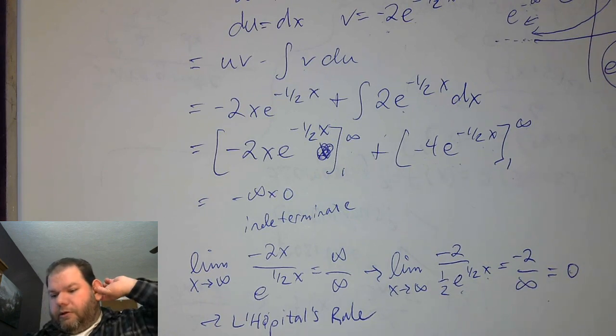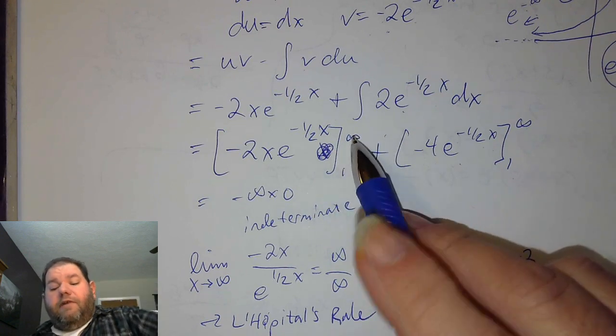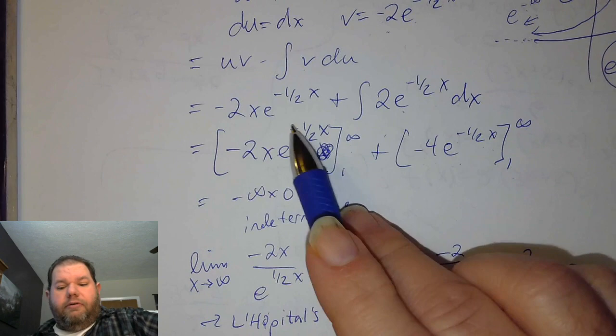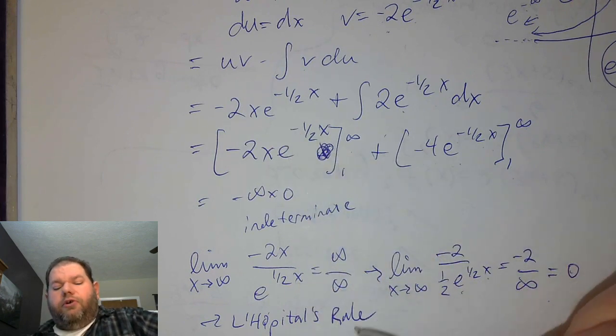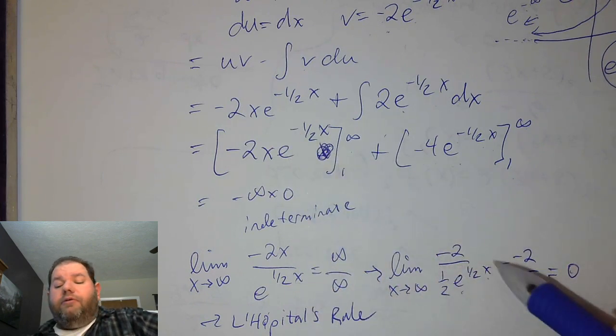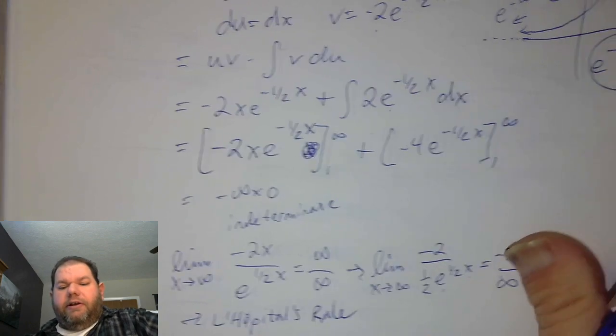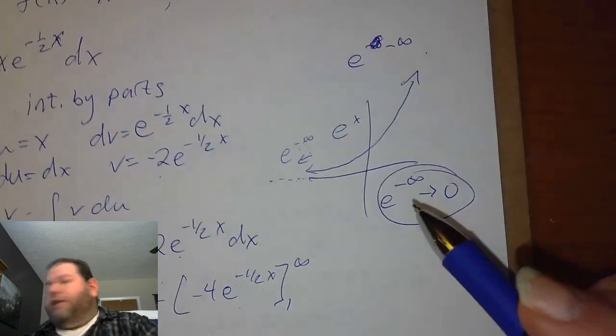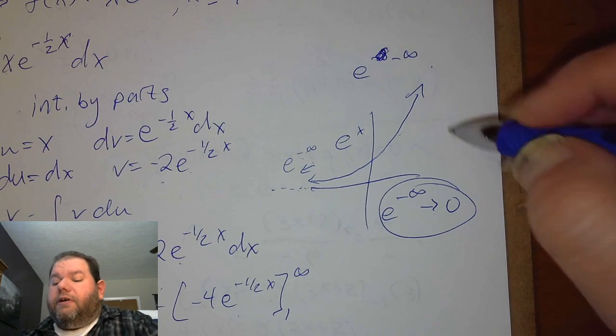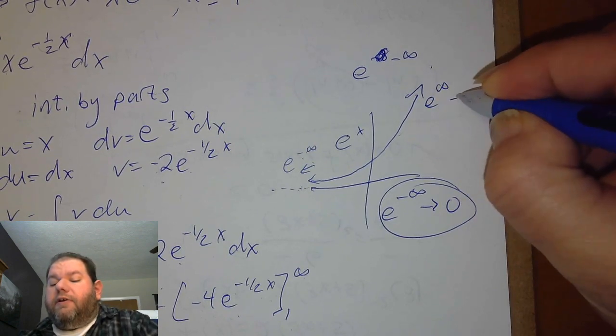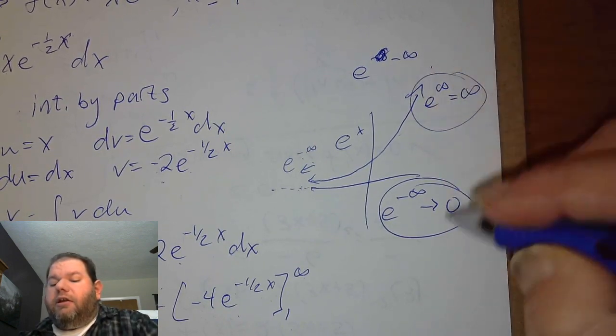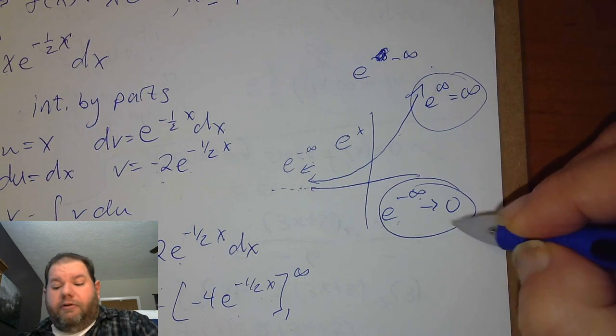So long story short, plugging in infinity here results in a 0. It does take a little more work to demonstrate why that's true, and understanding, like I said, the nature of the exponential function, in that e to the infinity does go to infinity, and e to negative infinity does go to 0.